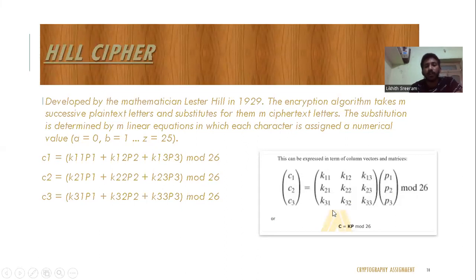To solve Hill cipher, we should know determinants, matrix multiplication, inverse matrix, transpose matrix, and adjoint matrix. By knowing these techniques, we can easily know how to encrypt and decrypt a message.